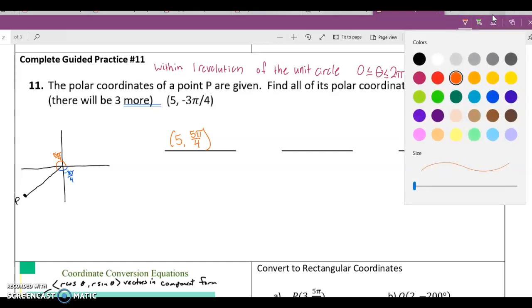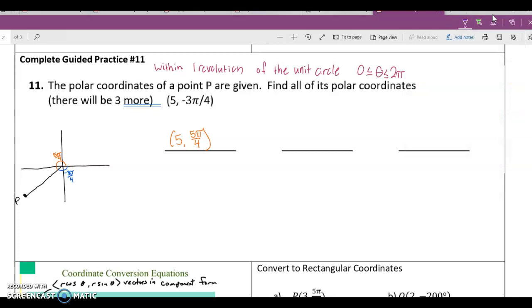So there's no other way that we can get to this point while keeping our angles within the unit circle. So now we need to start looking at having a negative radius. So if we have a radius of negative 5, then its angle measurement right here is going to be pi over 4. So if we go here, we have an angle measure of pi over 4, and then we have a radius of negative 5.